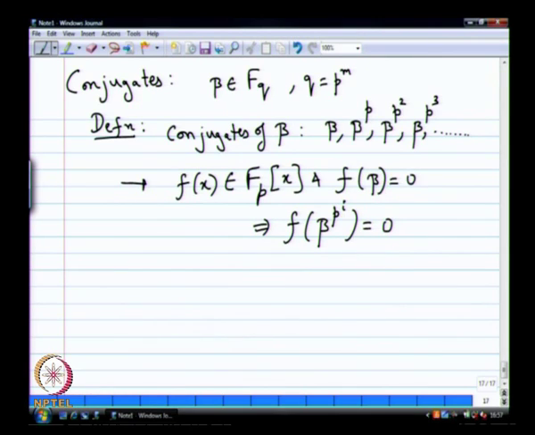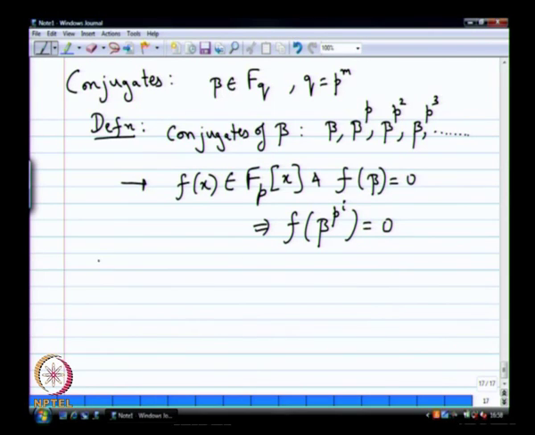So, if you have beta as a root of a polynomial with coefficients from Fp, what else is also a zero of that same polynomial? All the conjugates of beta, beta power p, beta power p squared, beta power p power 3, all these things are also roots of that same polynomial. That is the crucial idea, that is the reason why conjugates are important when you look at minimal polynomials. I will give you an analogy, it is very easy to look at it from an analogy point of view.